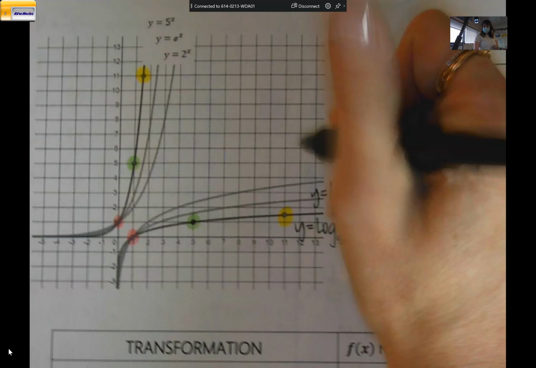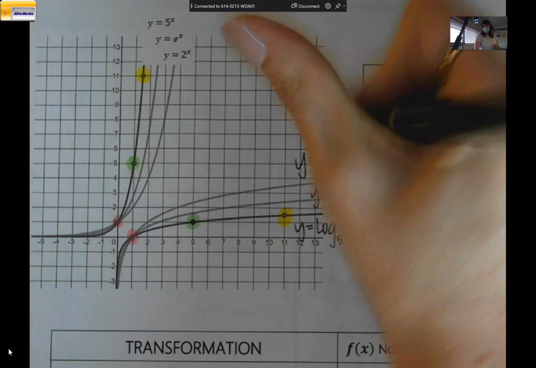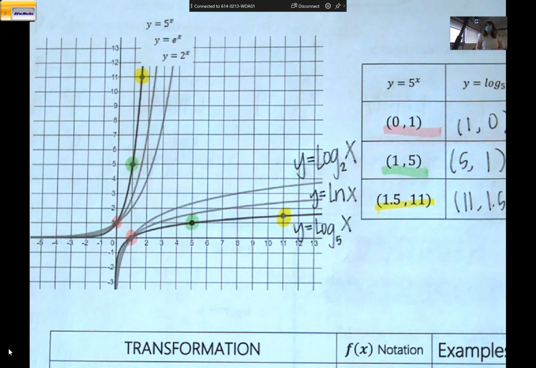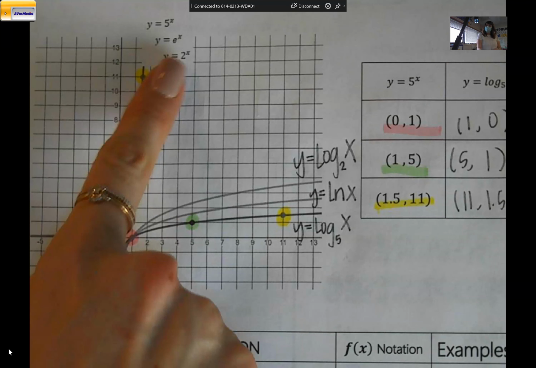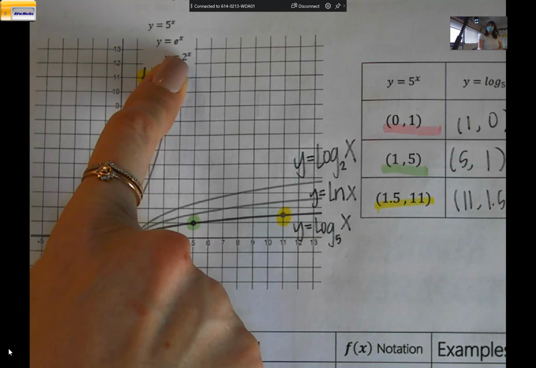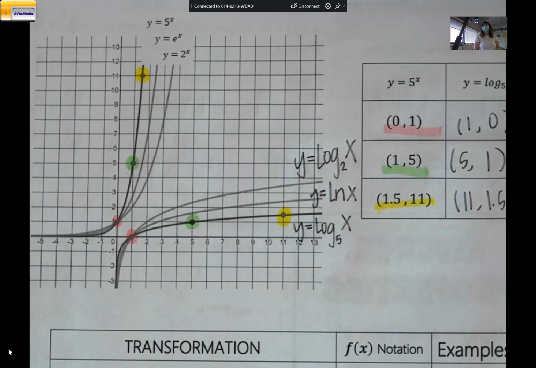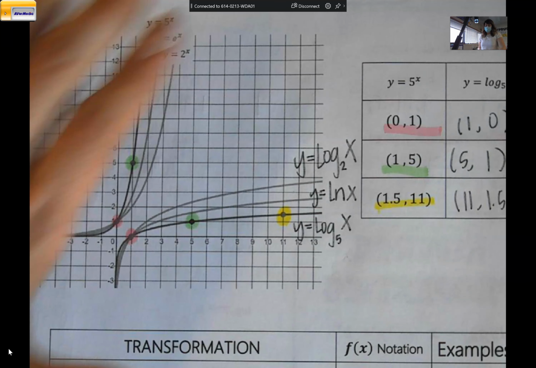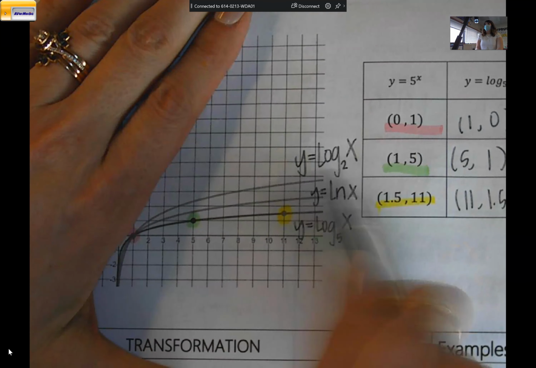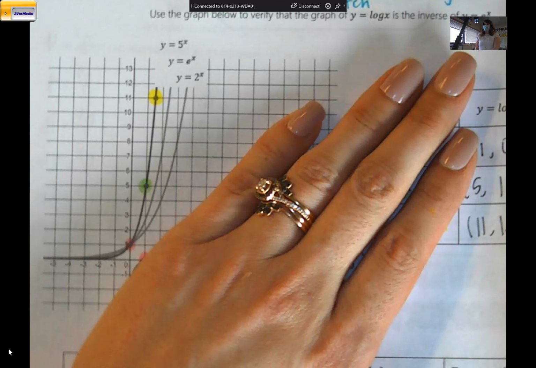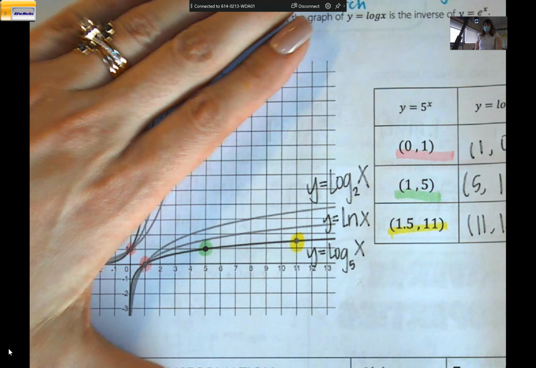And then lastly, this top one is just log base 2 of x. How do I know that? Because in the exponent, the base is 2. So this becomes log base 2 of x. So remember, as we move through these, we only care about these functions. These others are just here for comparison. These are the ones that we really care about.